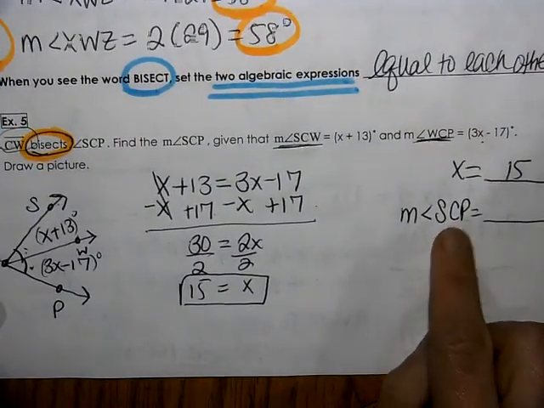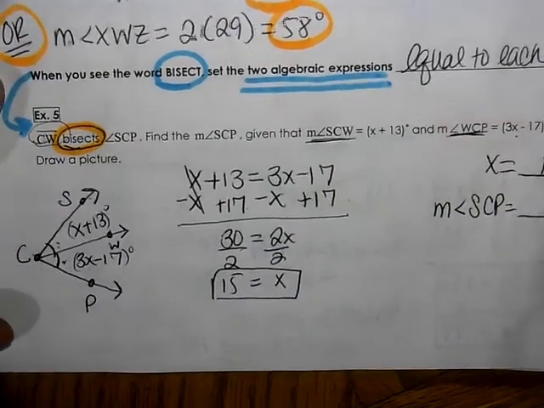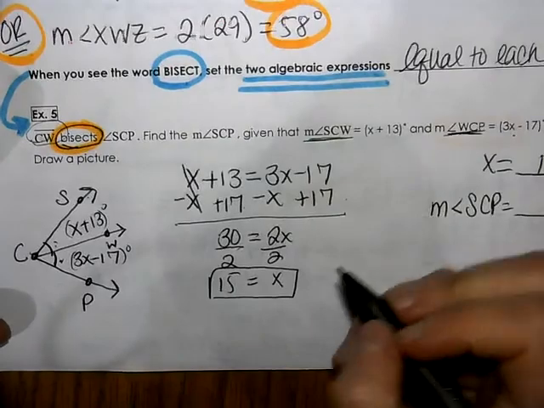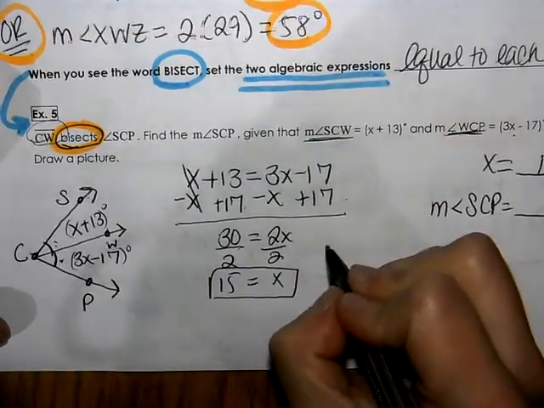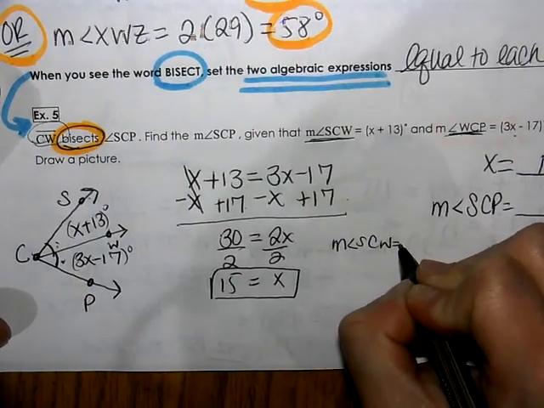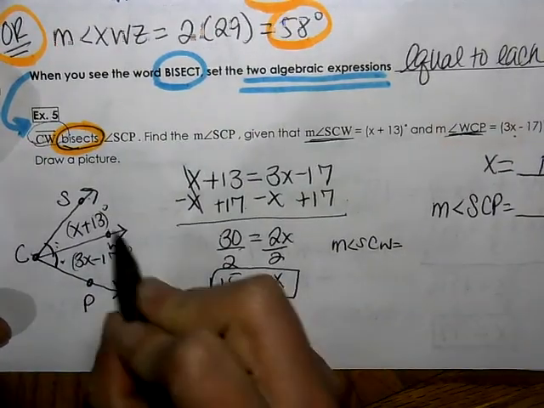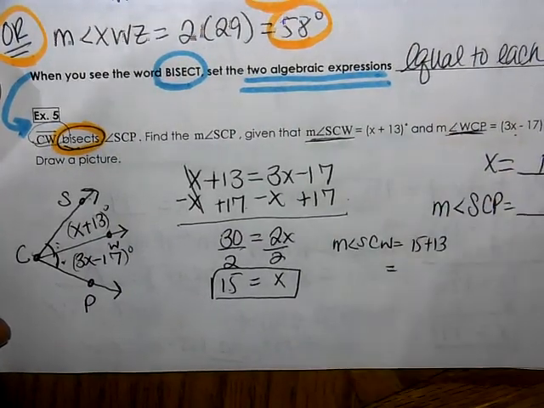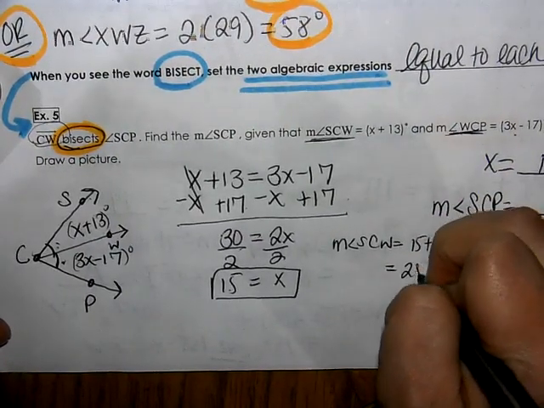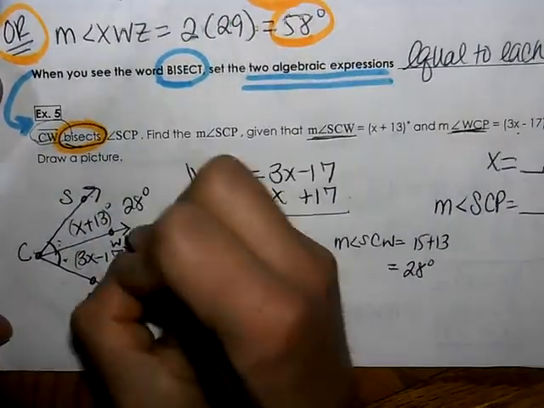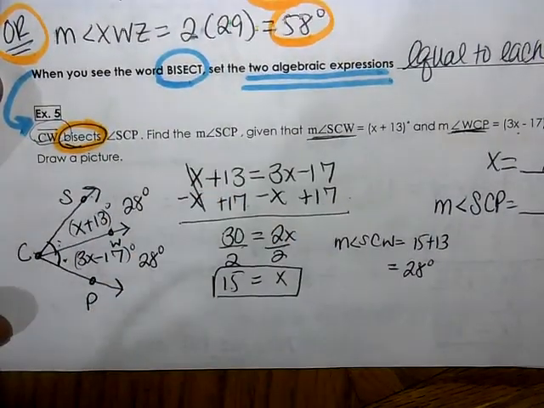Now I need to find what SCP is, but before I do that, I need to know what the parts are equal to. So I know that the measure of angle SCW is going to be equal to 15 plus 13, and 15 plus 13 is equal to 28 degrees. That means this angle is 28 degrees, and the other angle is 28 degrees.